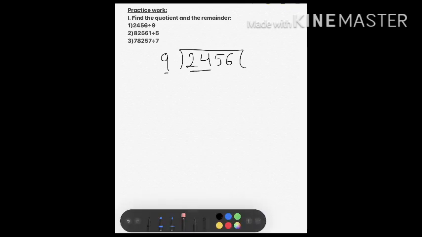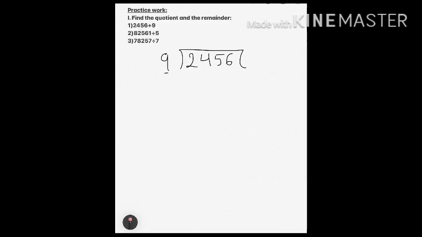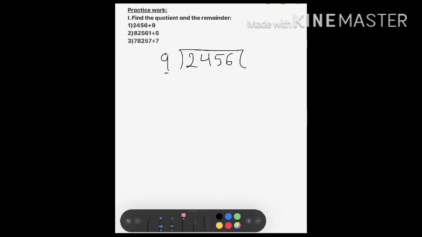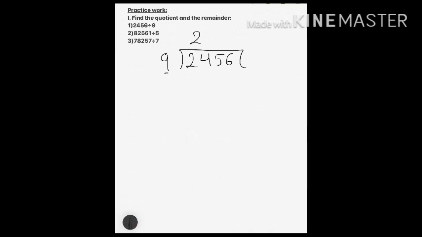Okay students, now check 24 in the table of 9. 24 does not come in the table of 9, but I can choose a number smaller than that. So I'll go with 9 2s are 18. Okay, 9 2s are 18.